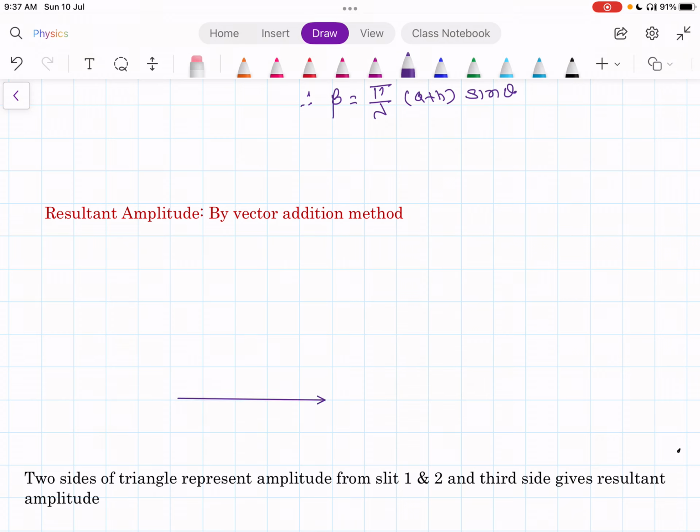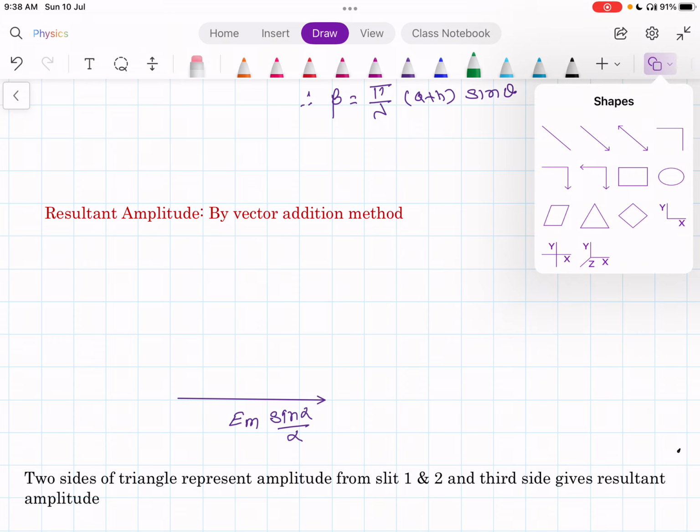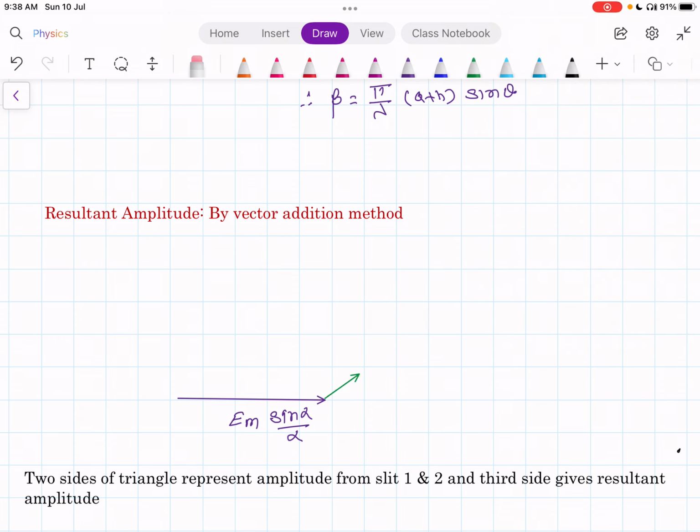This is one wave emitted from one of the slits whose amplitude is Em sine alpha upon alpha. Then there is another wave which is emitted from the other slit, and the amplitude of that wave is also equal to Em sine alpha upon alpha.